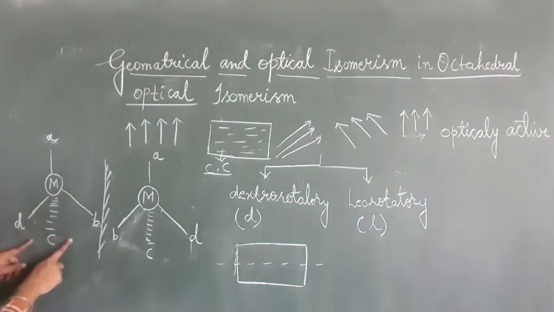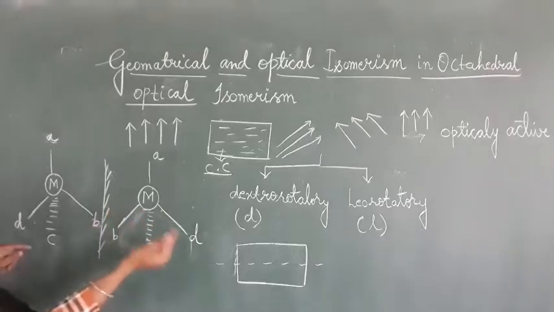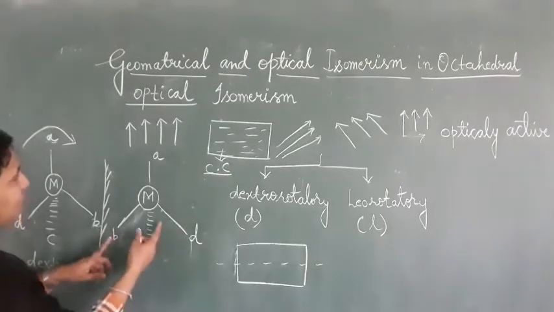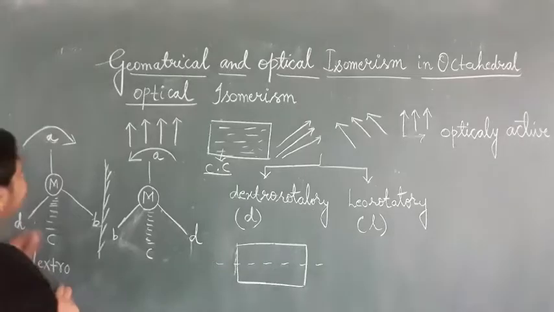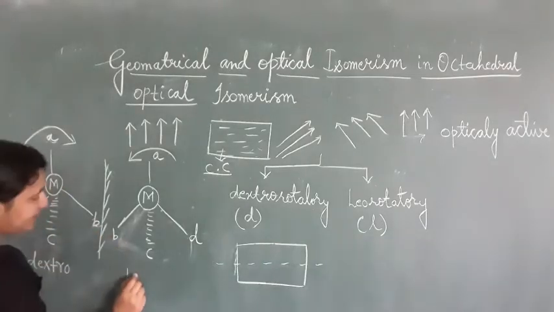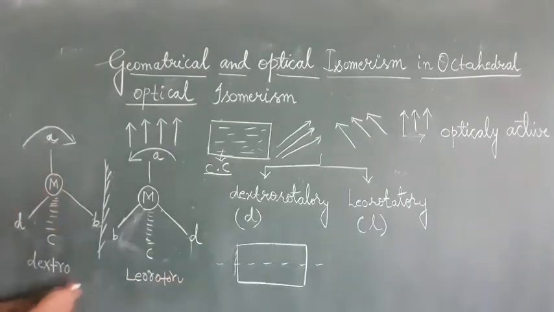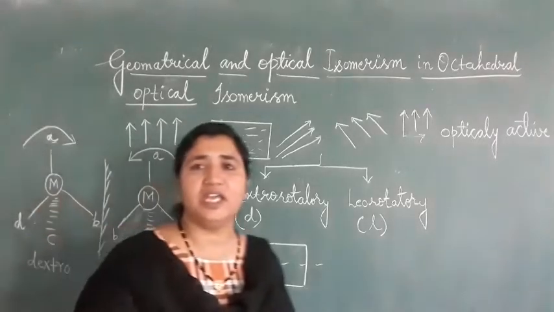That's why they will show optical activity, and they rotate the plane polarized light either to the right side, which is called dextrorotatory, or to the left side, which is called levorotatory. So these dextro and levo forms are a pair which are non-superimposable mirror images of each other, and they are collectively known as enantiomers.